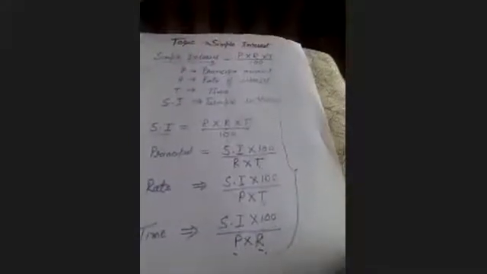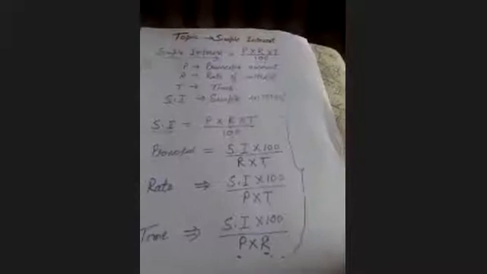Principal amount is simple interest multiplied by 100 divided by rate of interest and time. Then rate of interest is simple interest multiplied by 100 divided by principal amount and time. And last is time: simple interest multiplied by 100 divided by principal amount and rate of interest. Clear students? Now we will discuss a few questions of exercise 8.4.